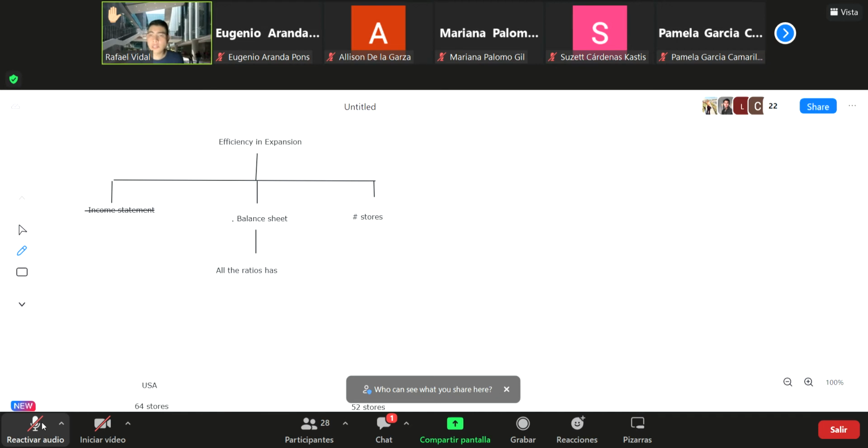So I see the US is performing really well. They are investing their assets in an efficient way because they have 64 stores. They are selling this amount of pieces, almost double with just 10 stores more. And they didn't stop expanding.